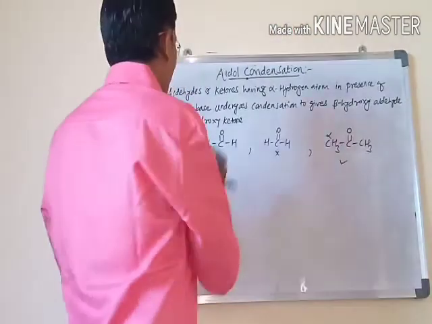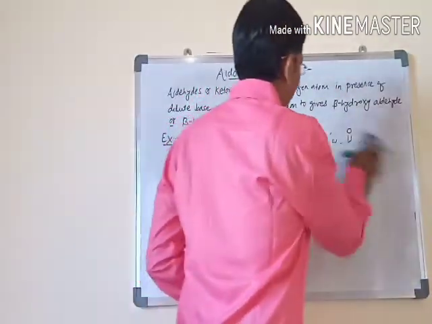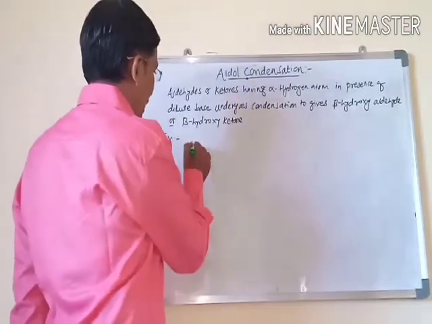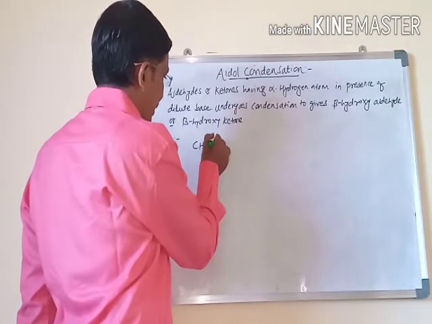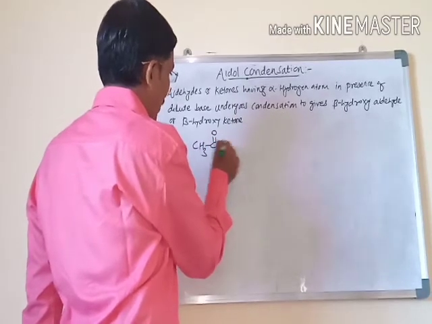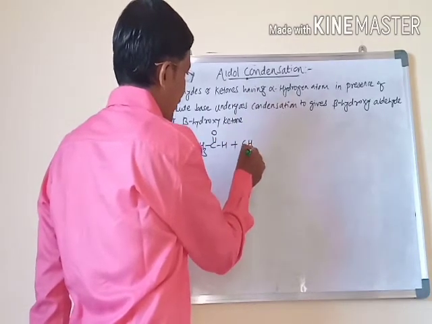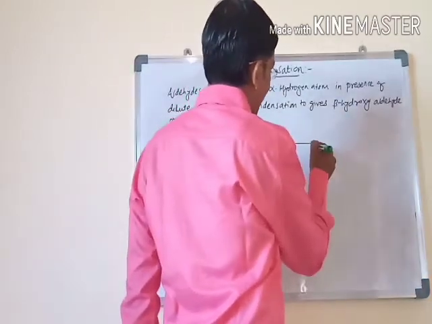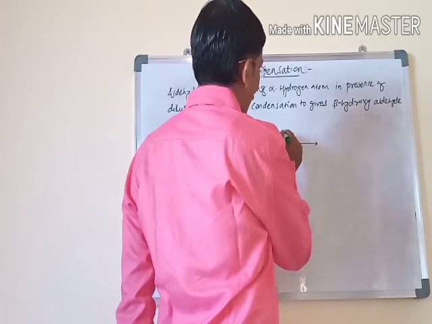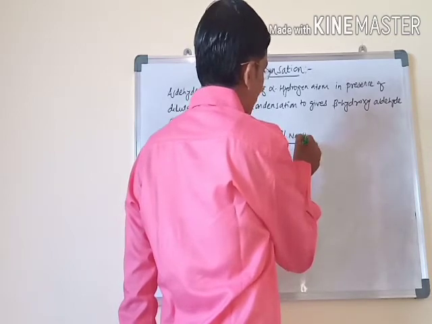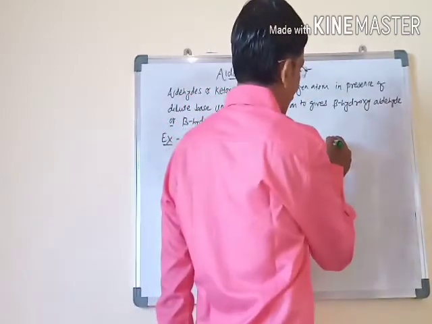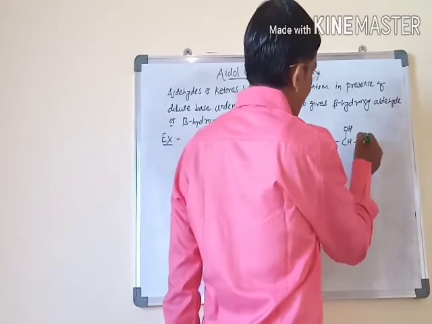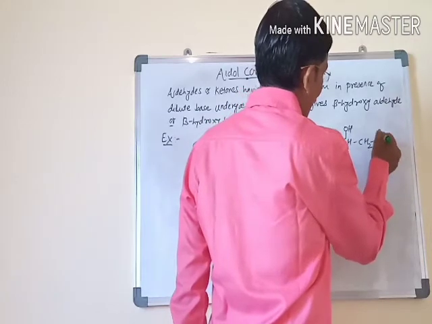Now we'll see the first reaction. Two molecules of acetaldehyde, CH3CHO, in the presence of dilute NaOH undergo condensation to give CH3CHOH CH2CHO.